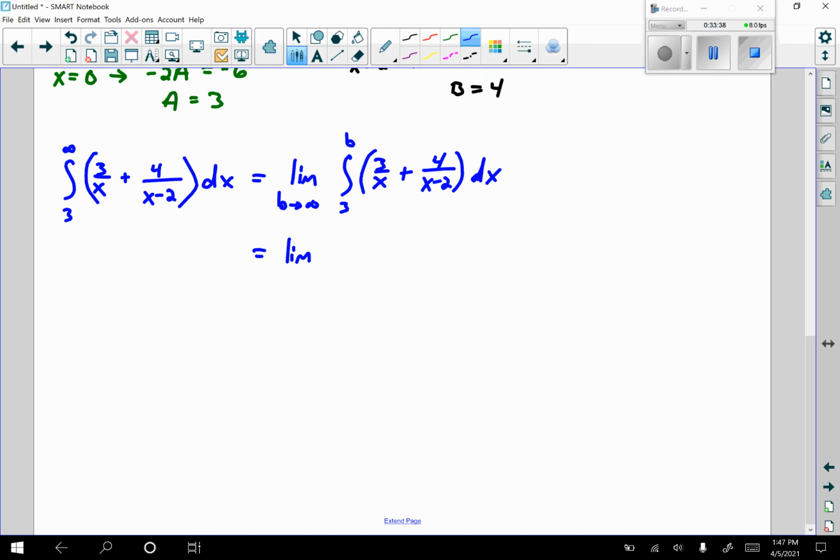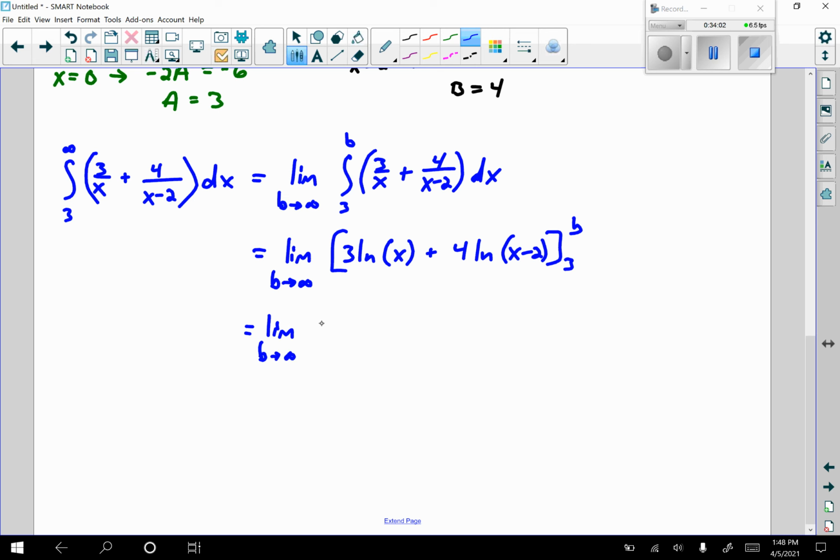So now this becomes the limit as b approaches infinity of 3 times the natural log of x, and again, because all of our x values are positive from 3 to infinity here, we don't need the absolute values, plus 4 times the natural log of x minus 2, from 3 to b.